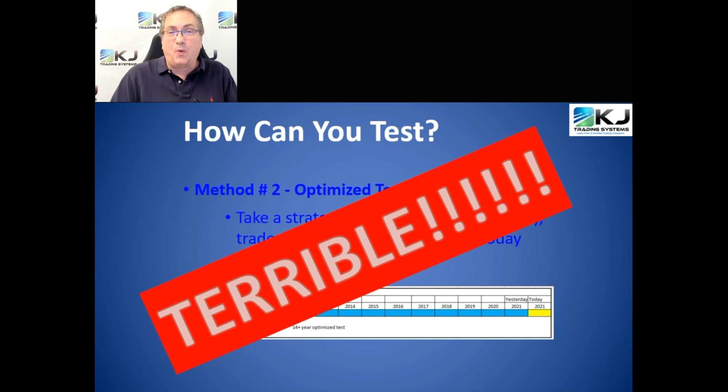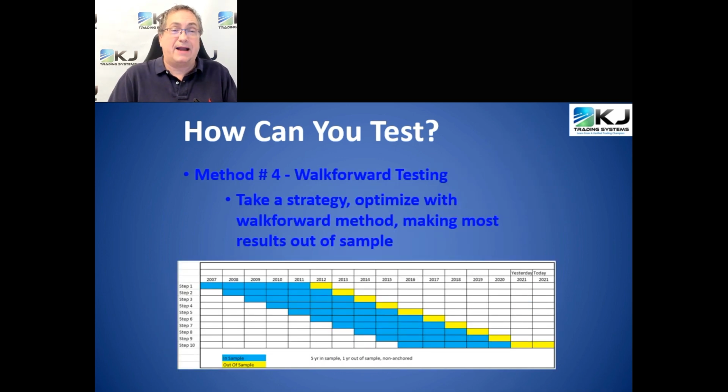They might work for a little while, they might be so-so, but it's not a good way to go in general. A much better way, and there are a few different ways to do it that I'm not going to mention, like out of sample testing. I guess I just mentioned it, right? I use walk forward testing, and I have some other videos out there on walk forward testing, but what it does is it produces a lot of out of sample data, which is noted in the yellow.